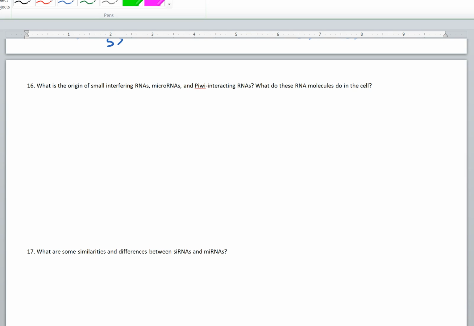All right, now what are these things? Now we got some other kinds of RNAs. We got small interfering RNAs. We've got microRNAs. And we've got piRNAs.